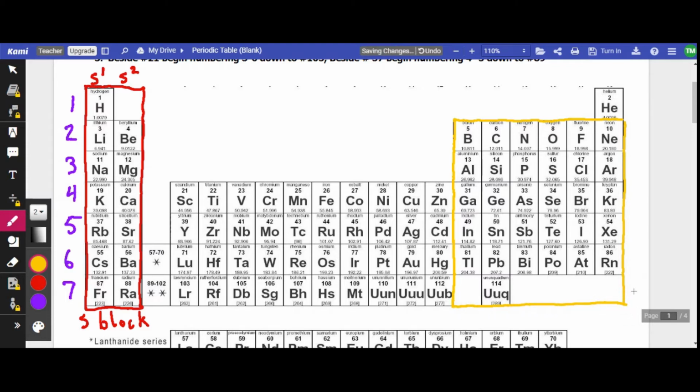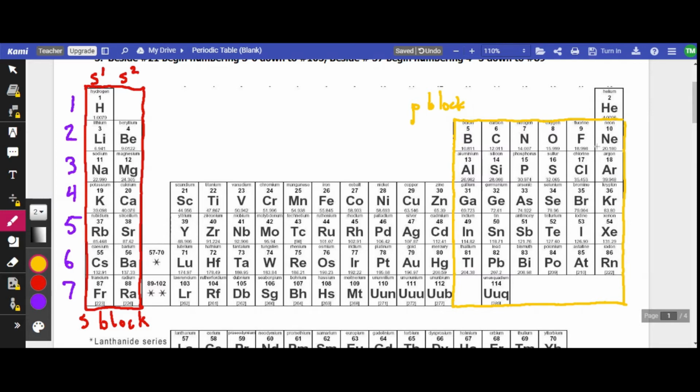All right, now you might notice that I've kept something out of the P block. You might notice I've left out helium from the P block. That's because it belongs over here for some reasons of its properties.